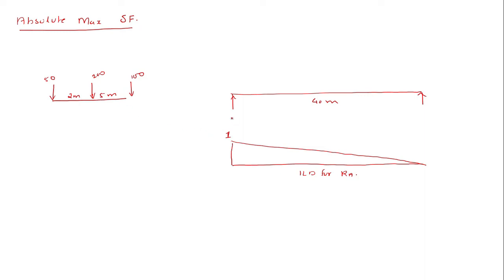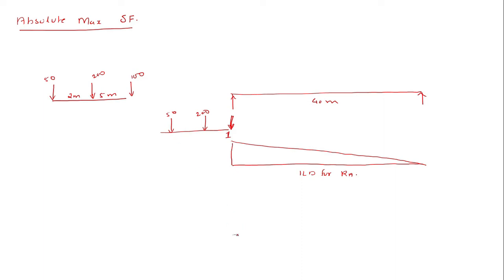The first position will be like this: 100 here, 200 here, and 50 here. This may be one case, but anyway it will be much smaller. You will not get much of a value. So this will never be the case, so this case I can ignore.